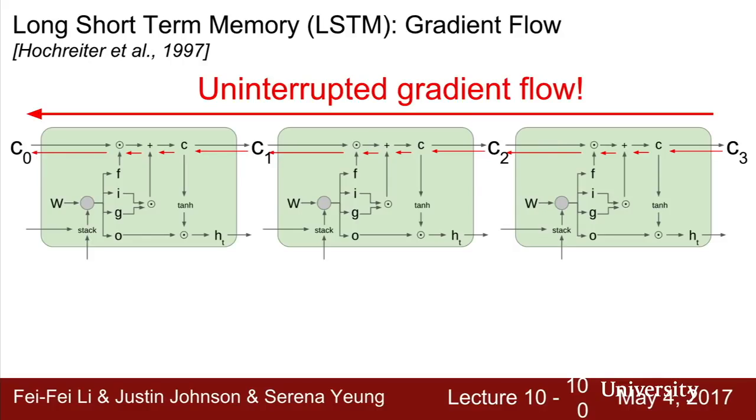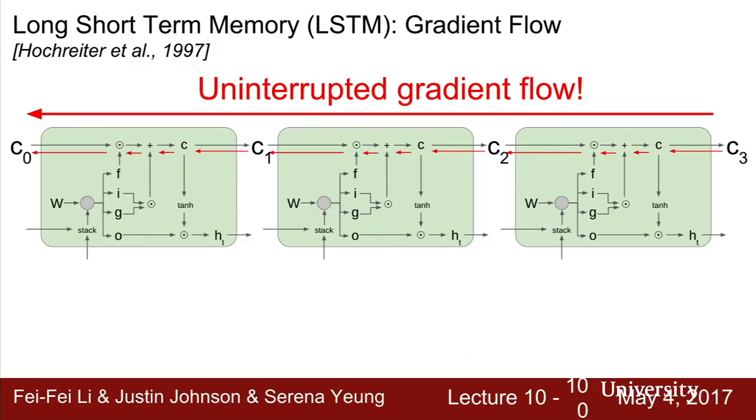Just as in the vanilla RNN case, we'll end up adding those per-time-step W gradients to compute our final gradient on W. If you imagine a very long sequence where we're only getting gradient at the very end, as you backpropagate through, we'll get a local gradient on W for each time step. That local gradient on W will be coming through these gradients on C and H. Because we're maintaining the gradients on C much more nicely in the LSTM case, those local gradients on W at each time step will also be carried forward and backward through time much more cleanly.